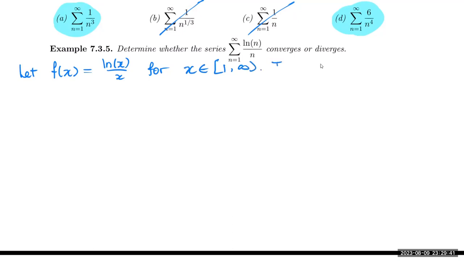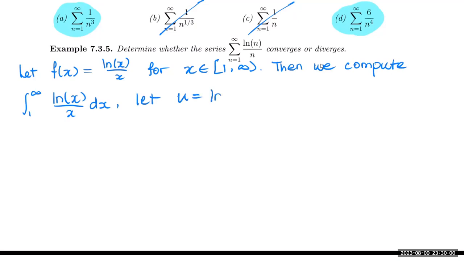Then we compute the integral given by this, ln of x divided by x. We can apply a substitution here. So we're going to let u be ln of x. Then du is going to be 1 divided by x dx.